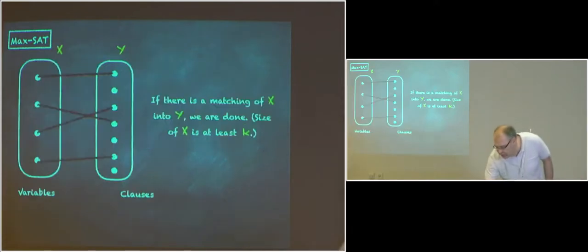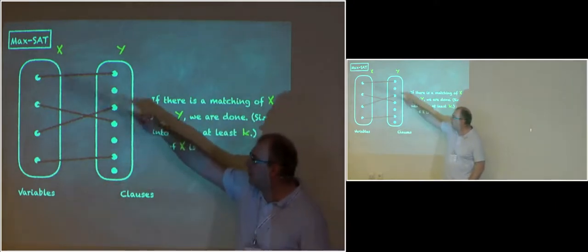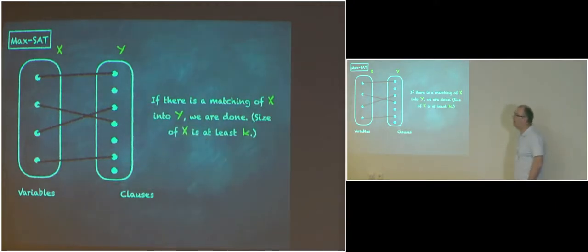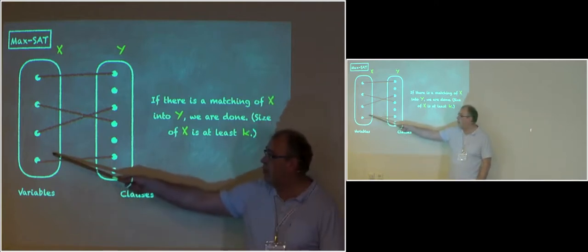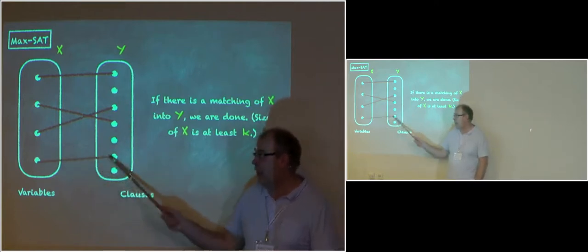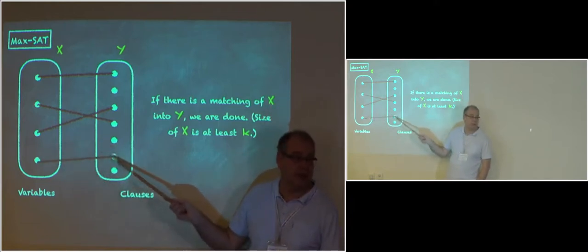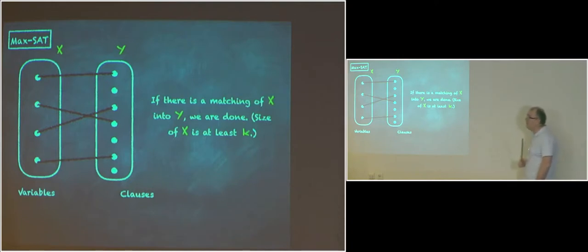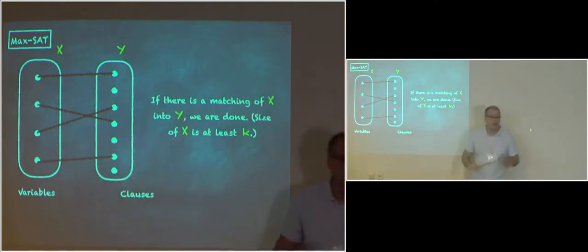Suppose I have an instance with at most 2k clauses and more than k variables. Now I construct a bipartite graph for this formula. Here are the variables, here are the clauses, and edges are: if a variable belongs to a clause, I put an edge. Now, if there is a matching from variables to clauses of size k, we are done.